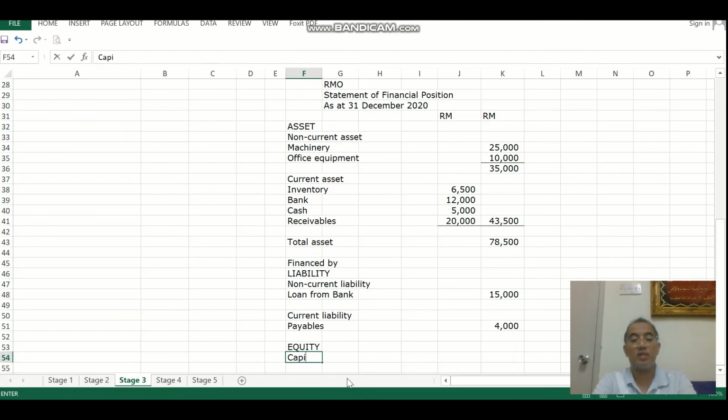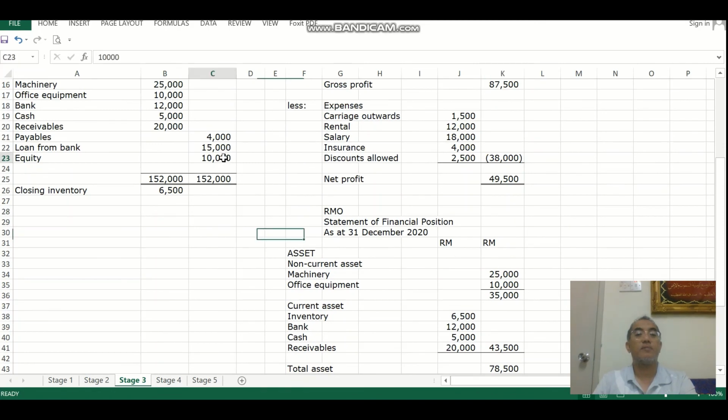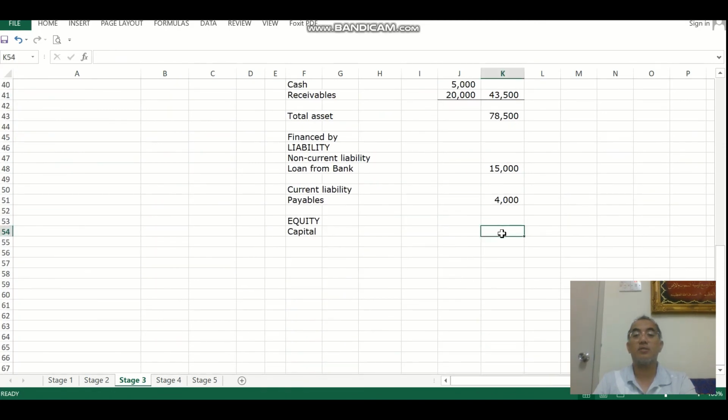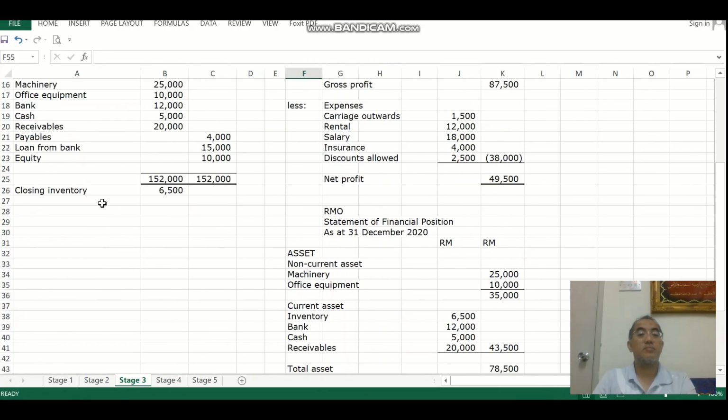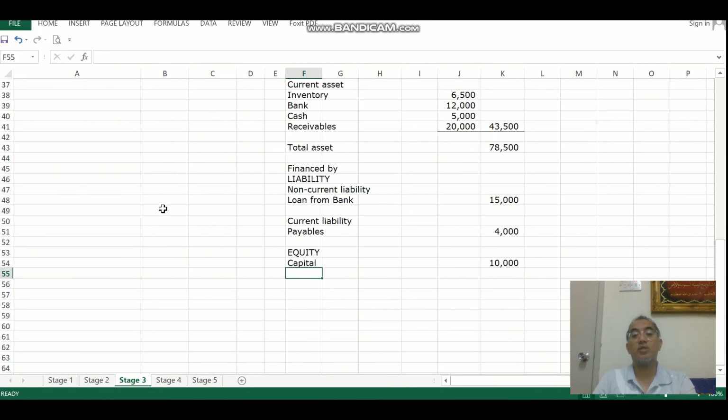First is our capital. So our capital is how much? Capital is 10,000. So I just put here 10,000. And then, of course, you add your net profit.